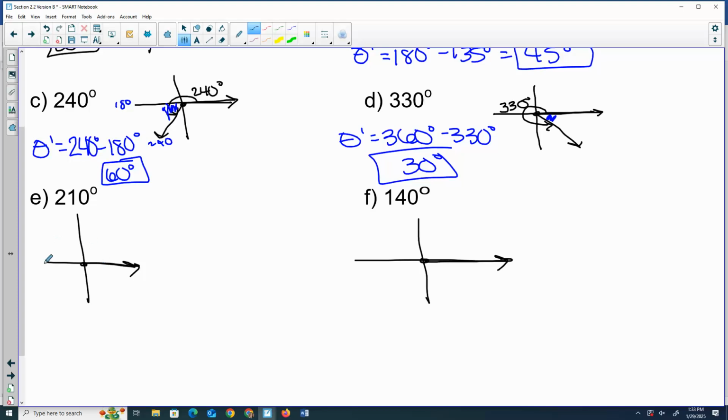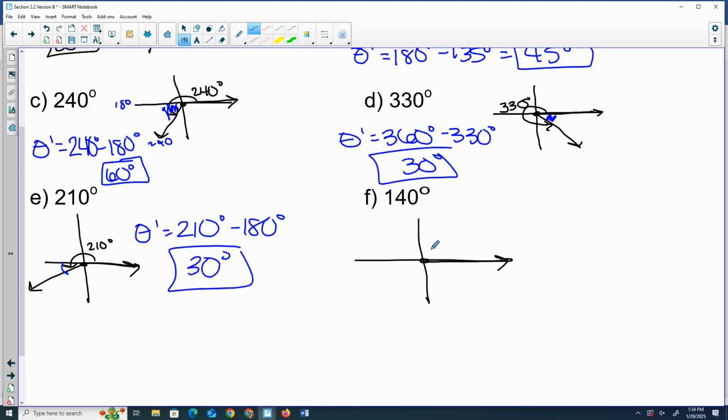So 210 ends up in which quadrant? 3. If that's 210, how did you find the distance to the x-axis? We get 30.